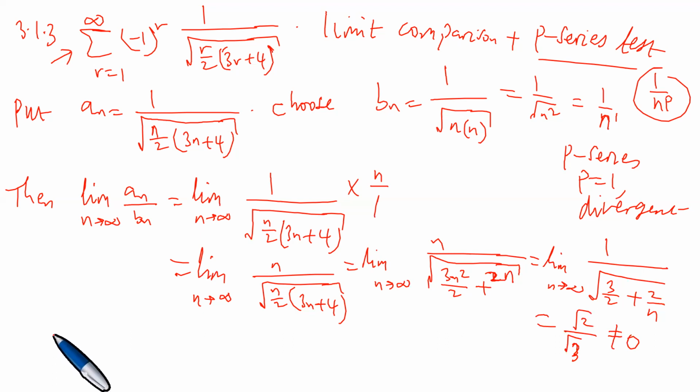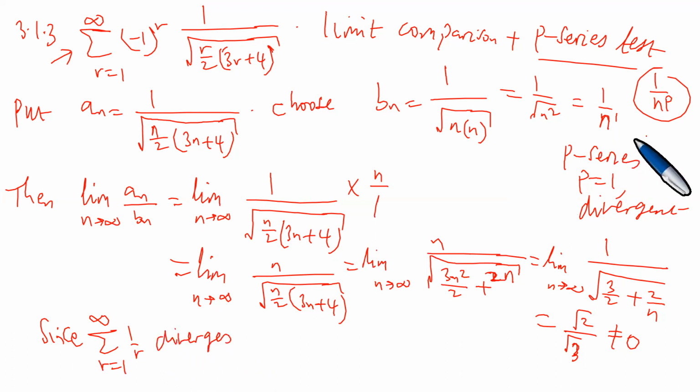Since it's not 0, and this series, the 1 over n, which is 1 over r when we bring back the r, diverges because it is a P series with P equals 1.